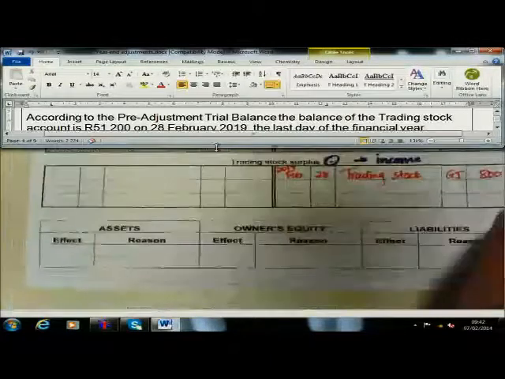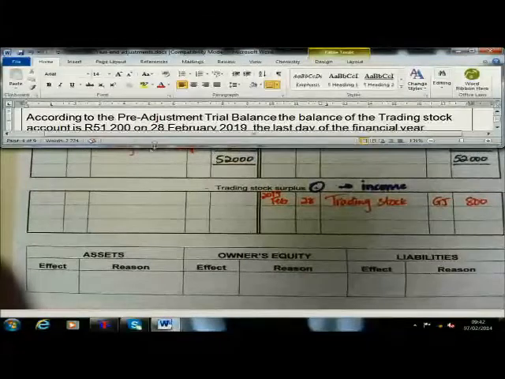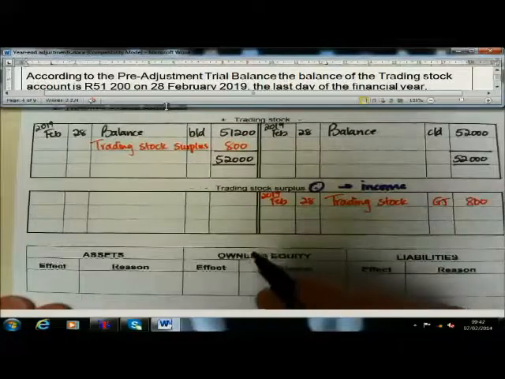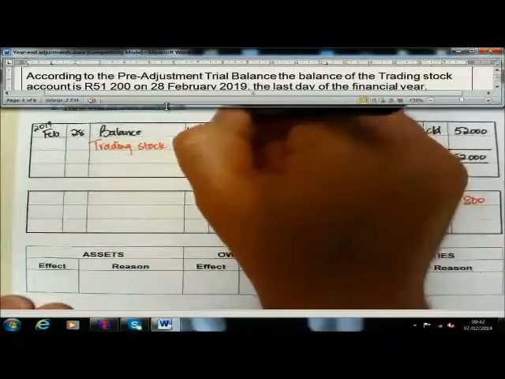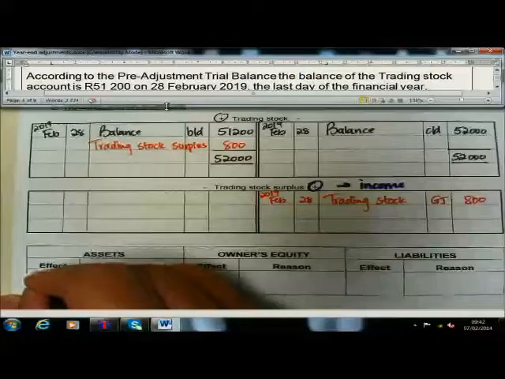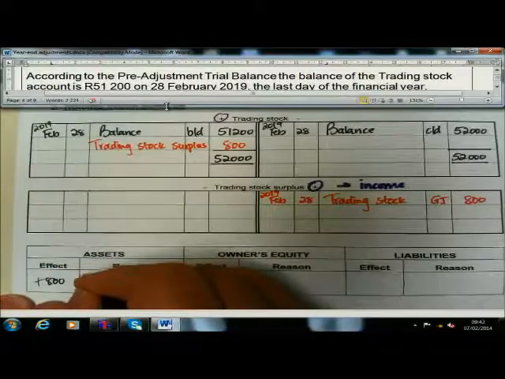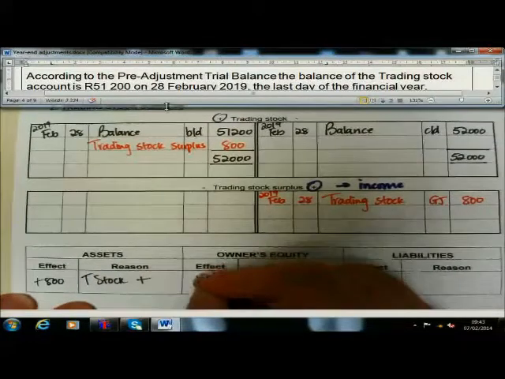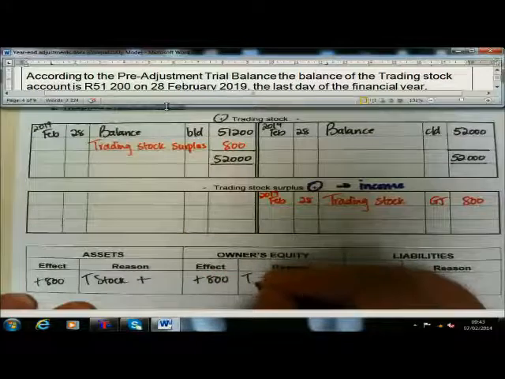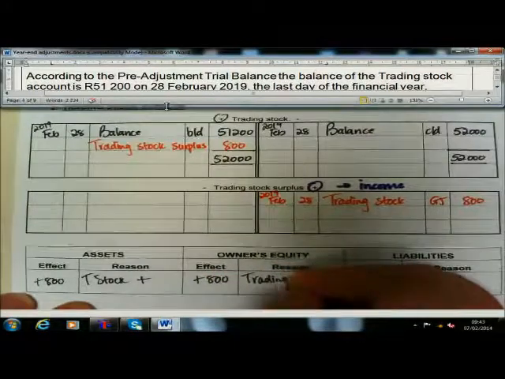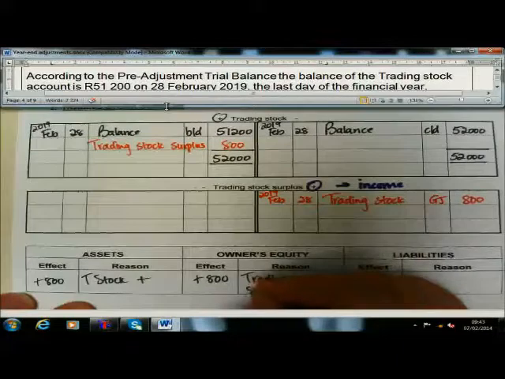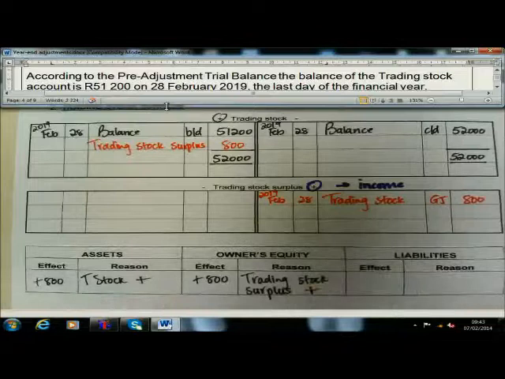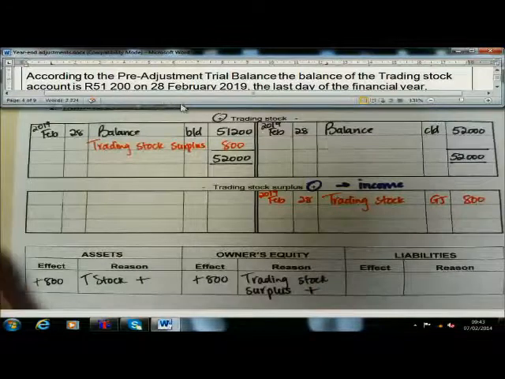Accounting equation: can you see that we put the plus on the debit side of the trading stock? Plus 800 Rand. Your trading stock becomes more. And plus 800 Rand there, because your trading stock surplus is an income, and the more income we've got, the more owner's equity we've got.